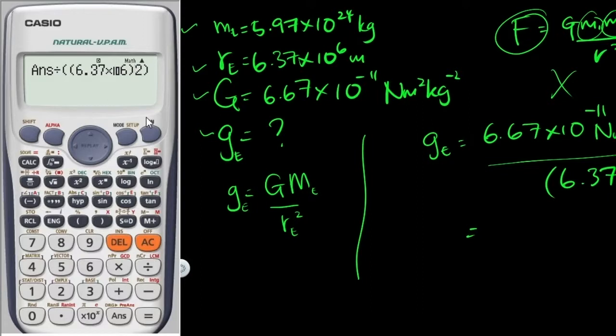Yes, double square, this is not the value. So divide by, just put it with the symbol for square here. So we will get 9.81.